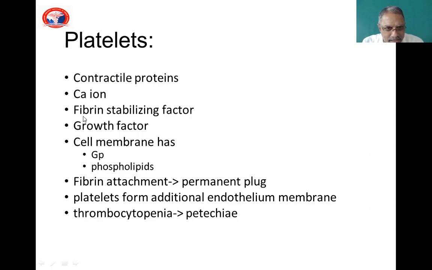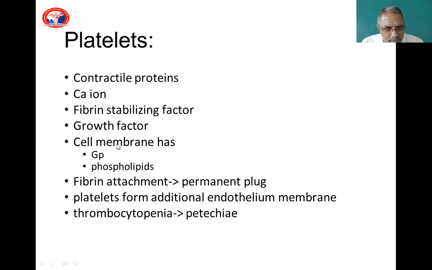The platelets put out fibrin stabilizing factor, which causes the fibrin to become a fibrin thread, and the platelets put out growth factor to cause growth of fibrous tissue.